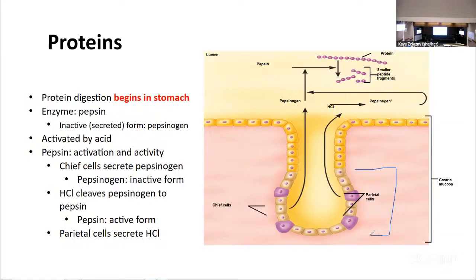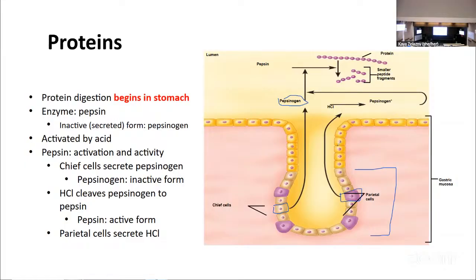So we had our chief cells secreting our pepsinogen, right? We can see that here, pepsinogen coming from our chief cells. And the other thing that we're producing down here in our gastric glands in the gastric pit is acid. We talked about the hydrogen ions in particular.